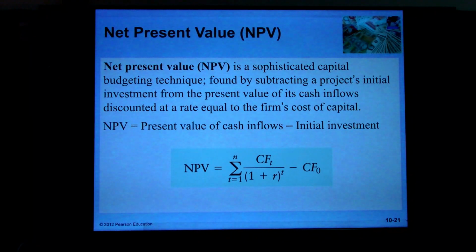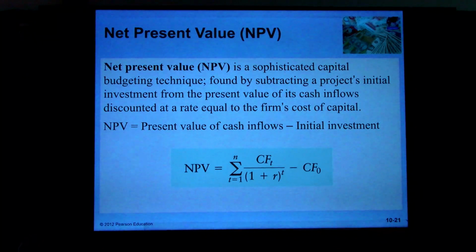So if we would like to define NPV, net present value, it's a very sophisticated capital budgeting technique. We find it by using the following equation. NPV is equal to PV of cash inflows minus the initial investment.